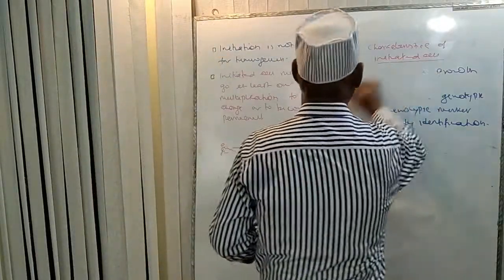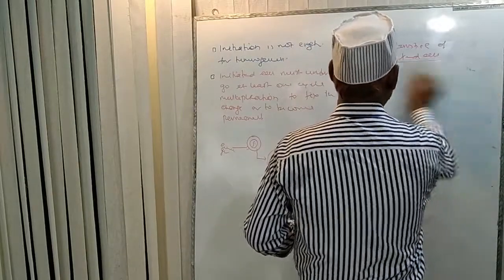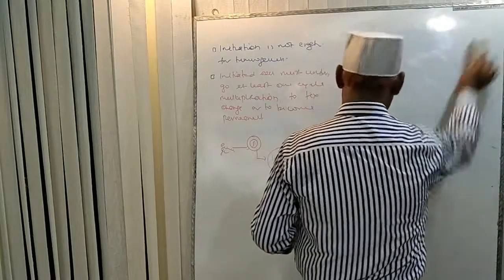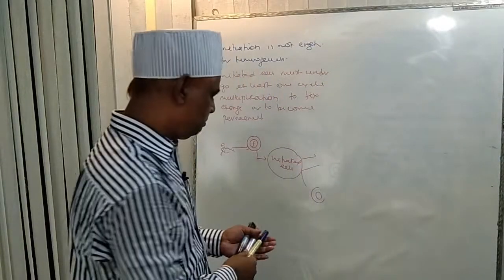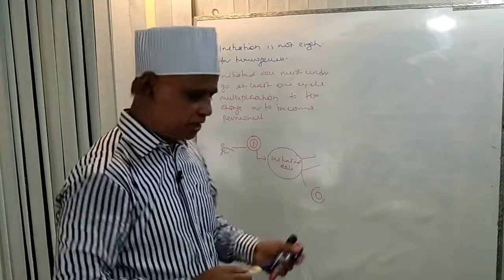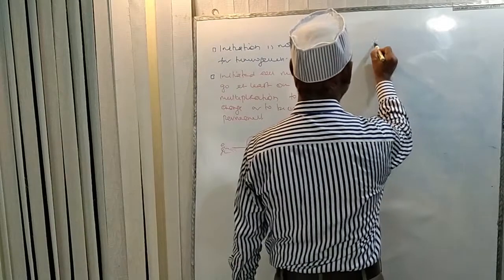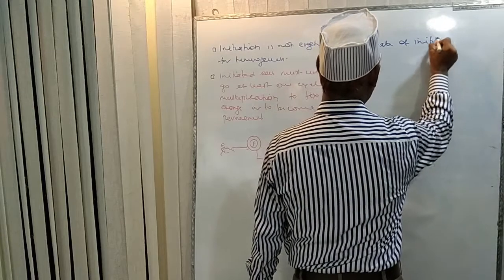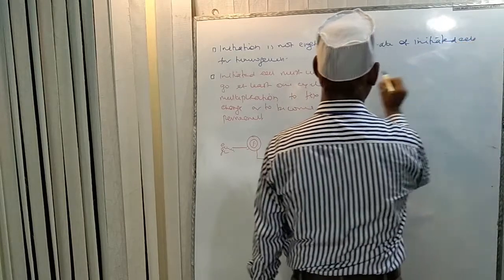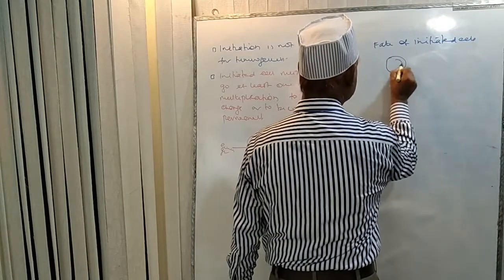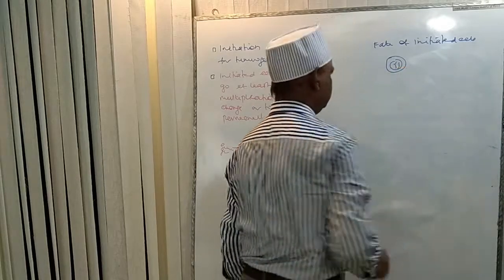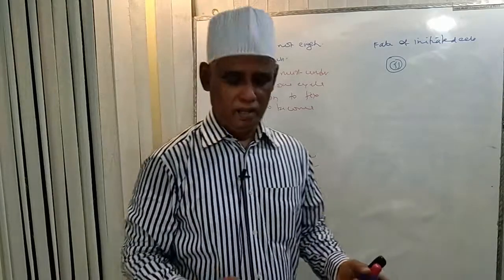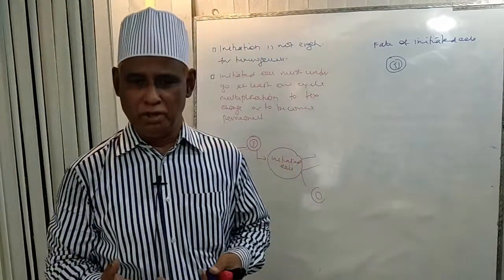Dear audience, on exposure to carcinogen, initiated cell is formed in our body. Now come to the fate of initiated cell. If this is the initiated cell, what may be the fate? Dear audience, you know initiated cell is an unwanted cell in our body.